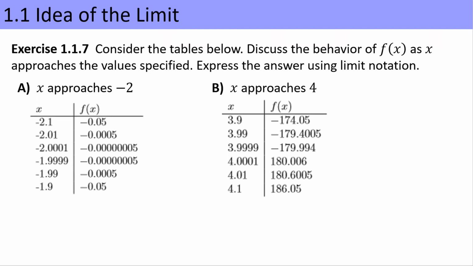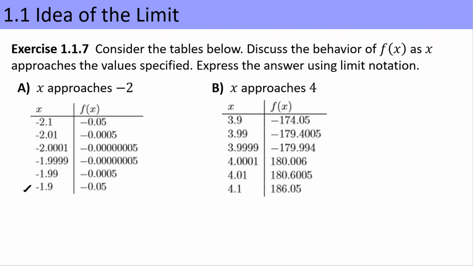The first row labels the columns, with the first column being x, so we are looking at input values of, we'll start with -2.1, and evaluated in the function that gives you -0.05. Now I'm going to go ahead and look at -1.9 evaluated in the function.